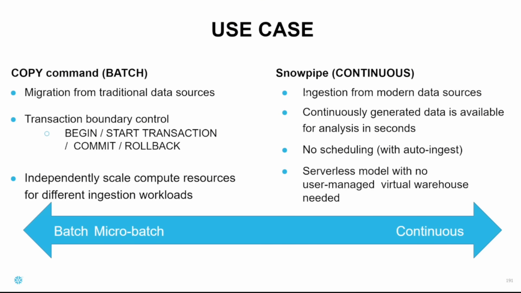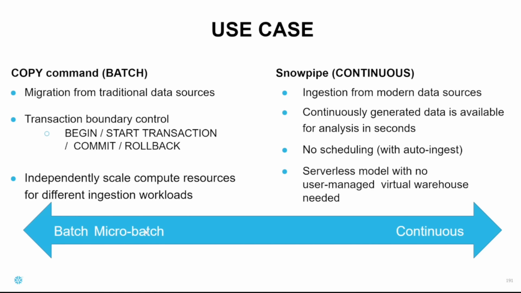If the data is coming from a modern data source such as an API or Kafka or Kinesis into Snowflake, then the best option is to use the Snowpipe, because the data is continuously coming from these modern data sources and you have to ingest that data into your data warehouse. So you can deploy Snowpipe.